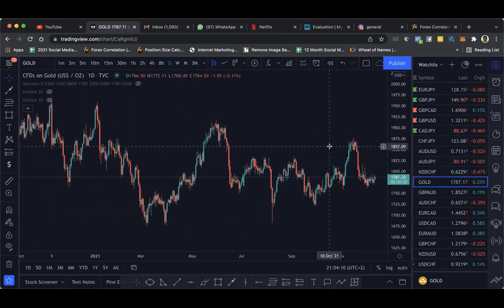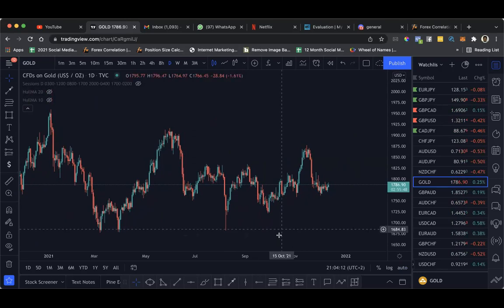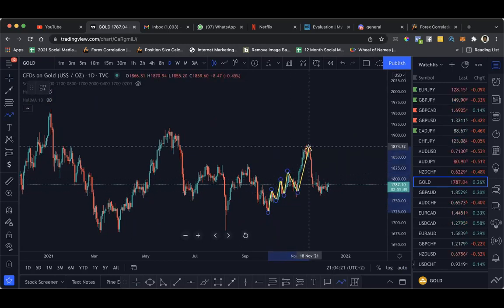So this is the daily charts. We can see price doing this. Okay, and then price is back to this supply zone here.